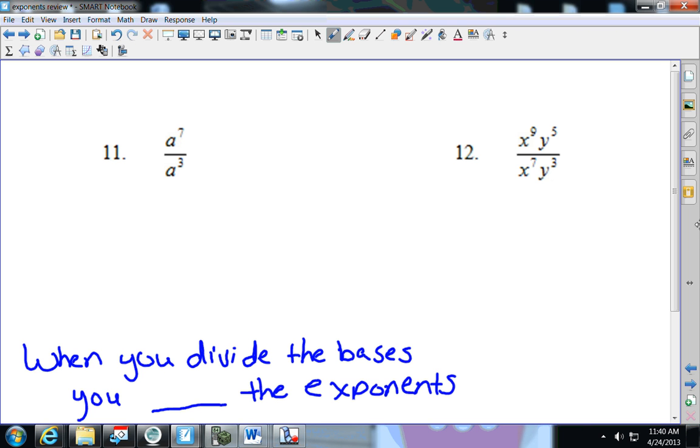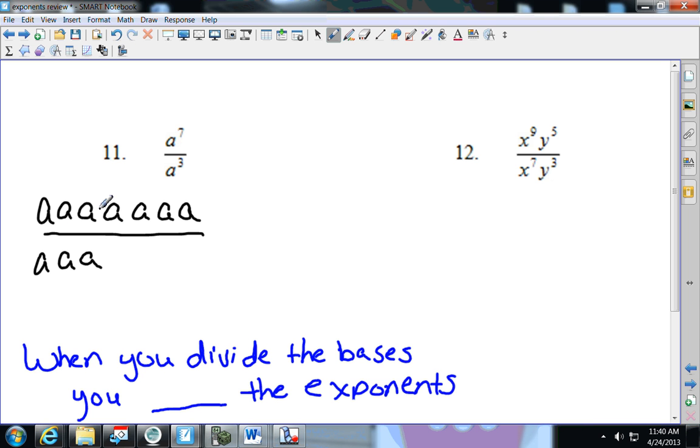So if I look at this, a to the 7th means I have 7 a's. 1, 2, 3, 4, 5, 6, 7. All over a to the 3rd. 1, 2, 3. That's what this means in expanded form. I wrote it all out. Now an a takes away an a takes away an a takes away an a. How many do I have left now?